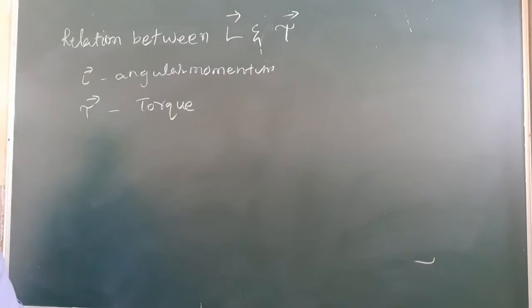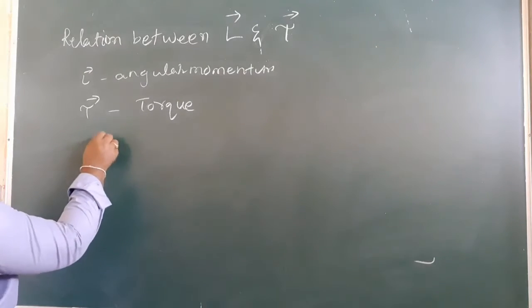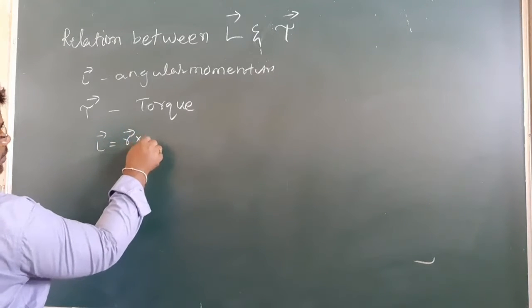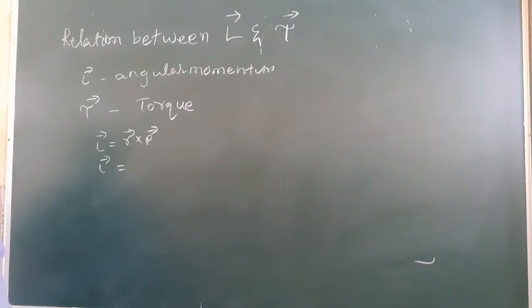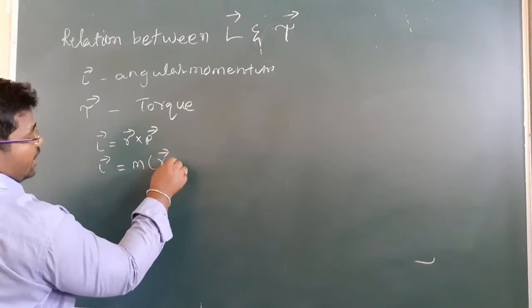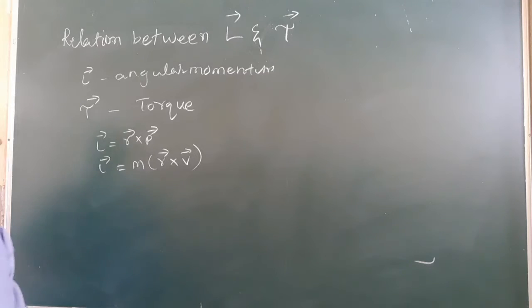See here, we know that angular momentum L bar is equal to r bar cross p bar, or L bar is equal to m into r bar cross v bar. This is the formula.